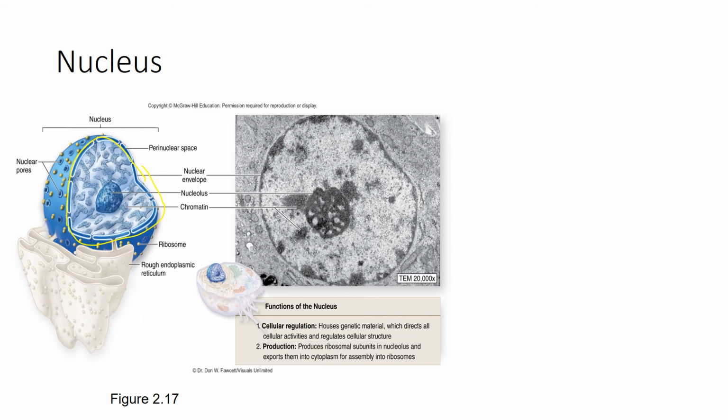The outer membrane is going to be continuous with the endoplasmic reticulum, like what we have seen here. And the nuclear pores, which are the little holes that we find within the nuclear envelope, have different channels that allow different molecules in and out of the nucleus.